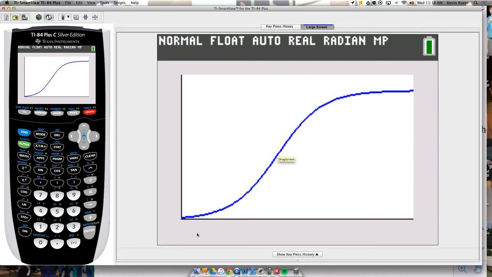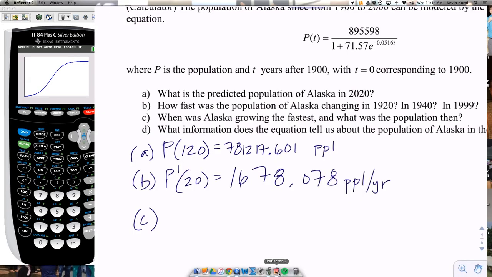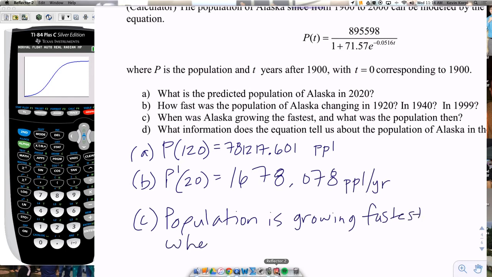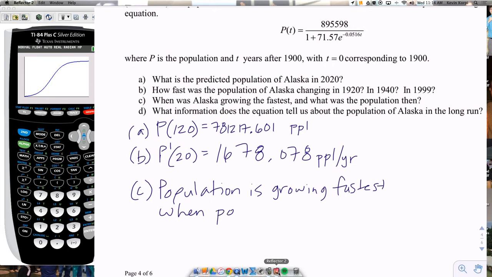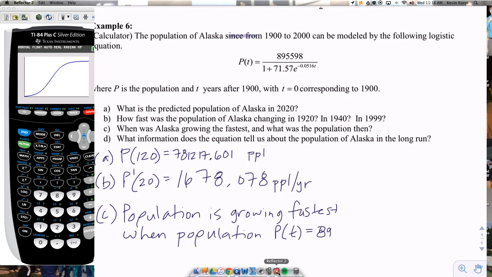So for part C, we can go ahead and say that the population is growing the fastest when the population, or you could say P of T if you want, equals 895,598 divided by 2 people.